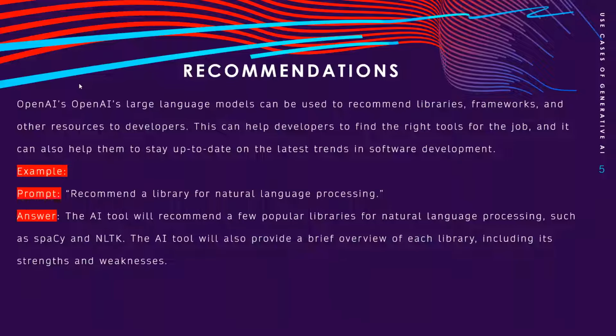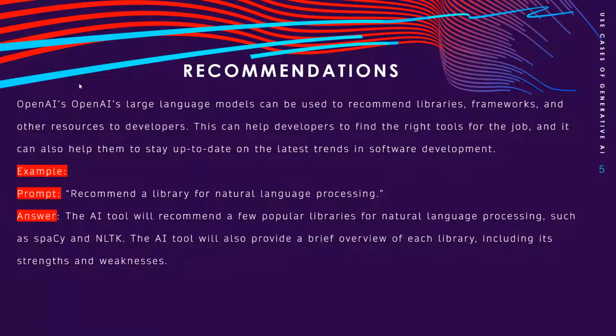It will recommend me the names of libraries. Along with the names, it will also give me an overview of these libraries, along with their strengths and weaknesses too. So this is how I can get recommendations for specific libraries from OpenAI.